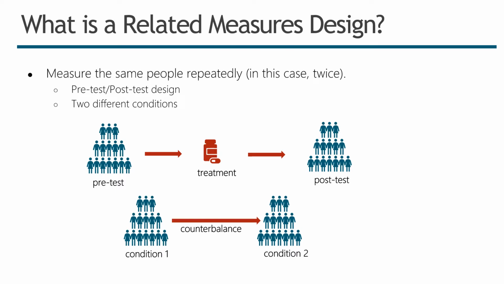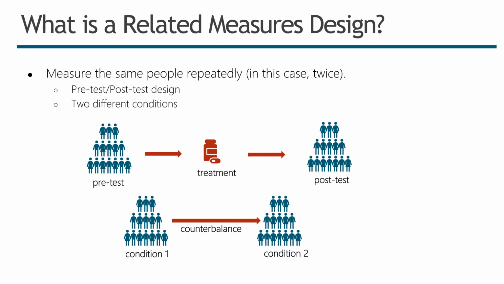So for example, say that I'm interested in the effects of yoga and walking on people's stress levels. I have 2 conditions, yoga and walking. I could have people in condition 1 walk and then measure their stress levels, and then I could have the same people do yoga and measure their stress levels after they do yoga, right?